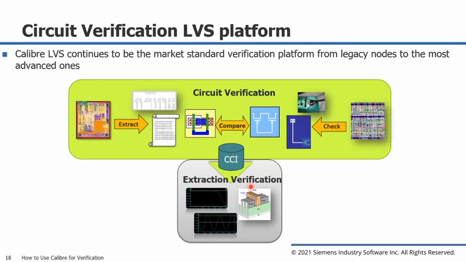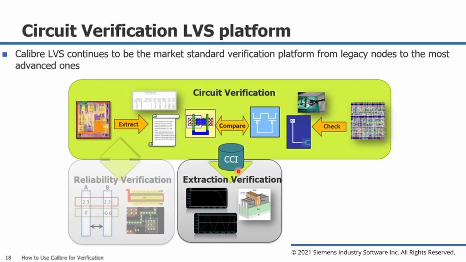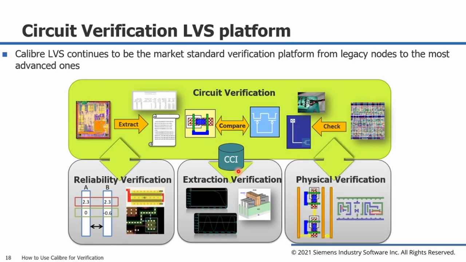And all these extractions can be used simultaneously or used as a platform to connect to other third-party tools which might be useful. For instance, here you can see the LVS platform can be used for reliability verification such as PERC, and this extraction verification actually uses some parameter extraction.